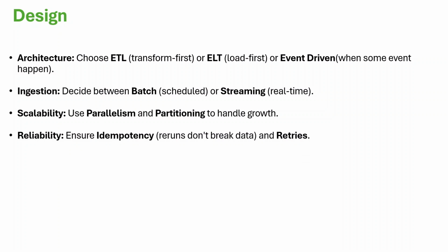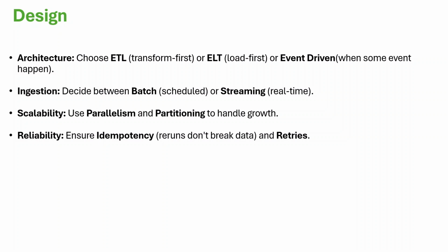A pipeline needs to be reliable, so you need to ensure idempotency. This is one of the key points. When you rerun in case of any failure, you need to ensure the pipeline is not creating any duplicates or inconsistency. Otherwise it will mess up your data. You also need to decide on retry logic.